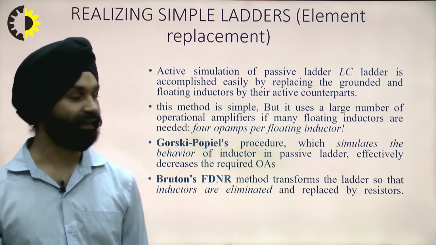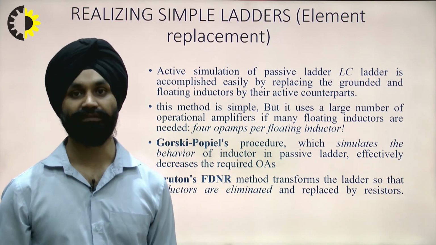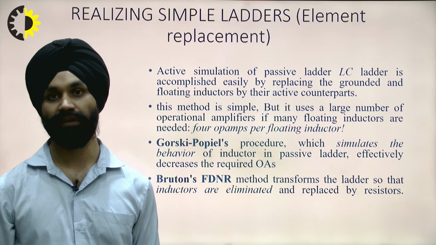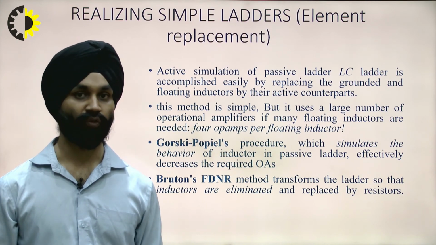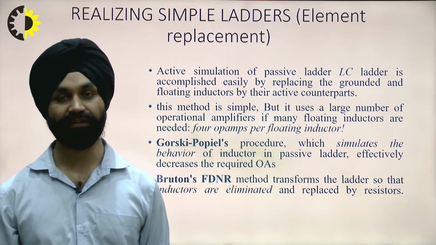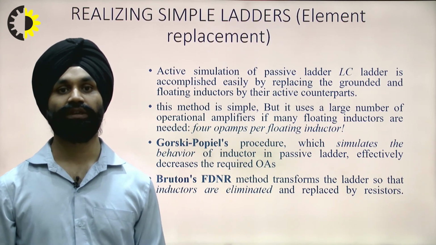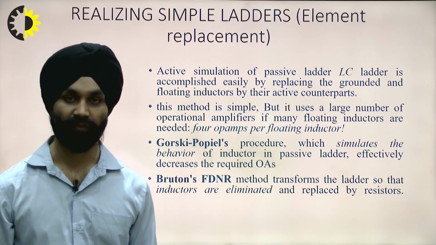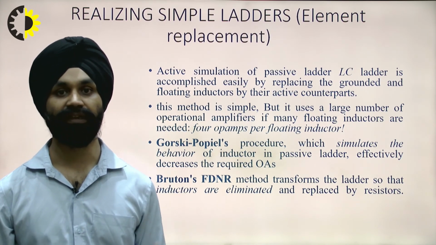If we replace with GICs, for one floating inductor we need 4 op-amps. So if we have a 6th order filter with 3 inductors, we have to use 12 op-amps for one circuit, which makes it cumbersome.